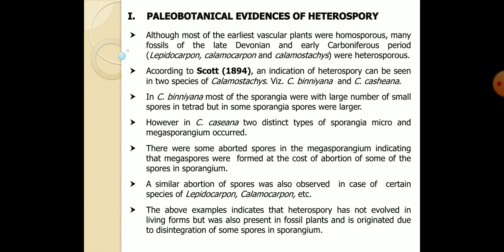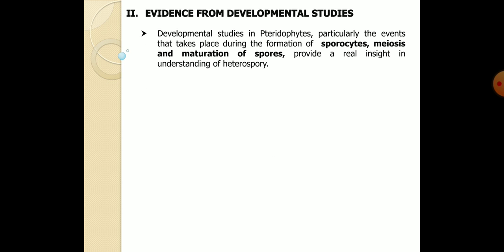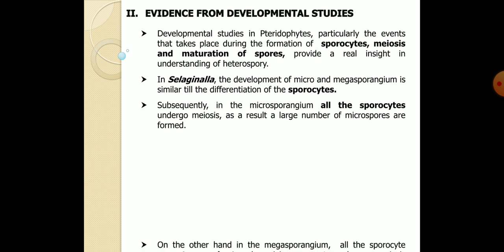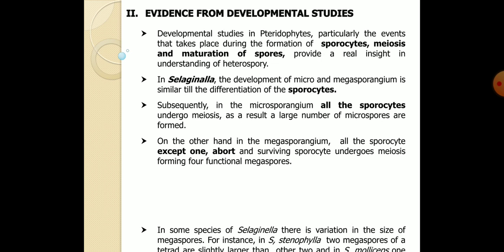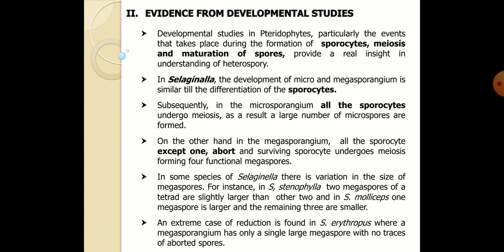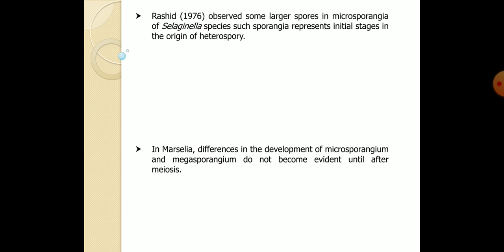But in certain species of Lepidocarpon, the spores may vary in size and shape. The second one is evidence from the development of the structure, the developmental stage, that is, how the cells develop. The sporocyst and meiosis, and also the maturation of spores, support this heterosporous habit. Another condition, abortion, also leads to the formation.